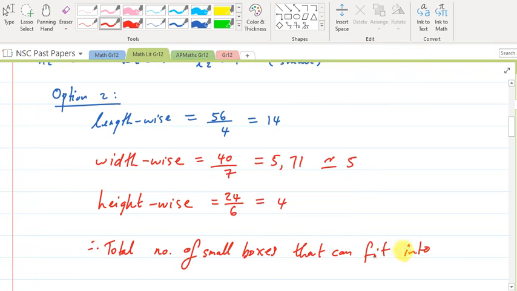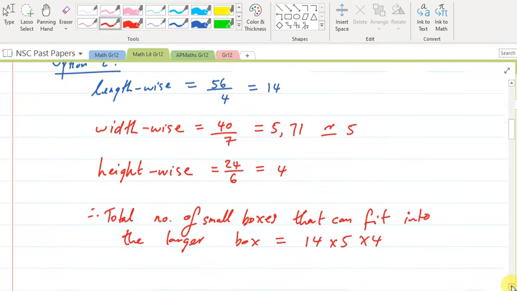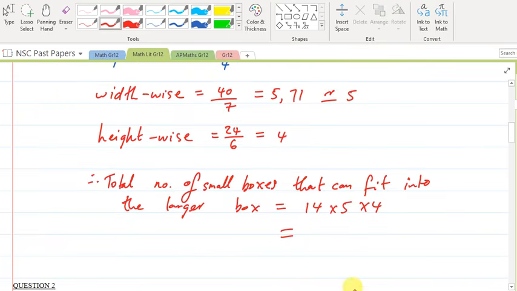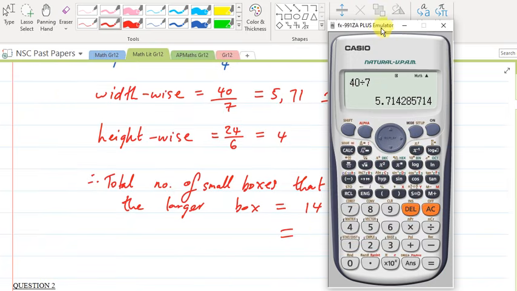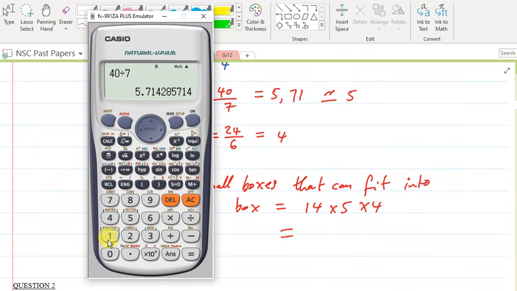And if we work out 14 times 5 times 4, we are getting 280 boxes.